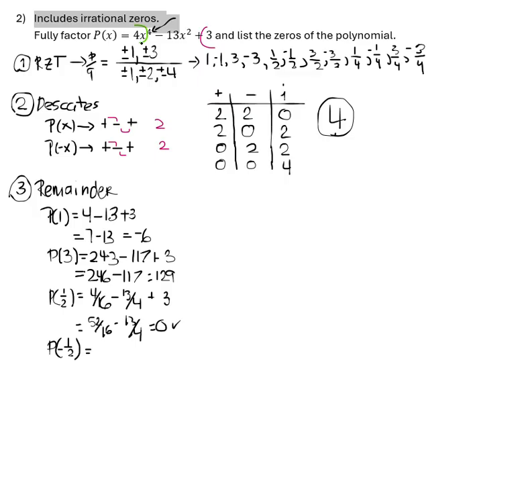So I've got to do 4 times negative 1/2 to the 4th. Negative 1/2 to the 4th power is going to be 1/16 again. So this is going to be 4/16, just like it was for the first one. And then I've got a negative 13 times 1/2 squared, so that's going to be 13 times a 4th, or minus 13/4.